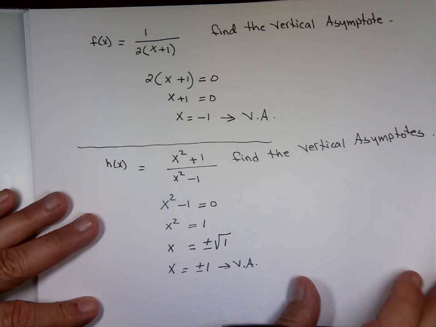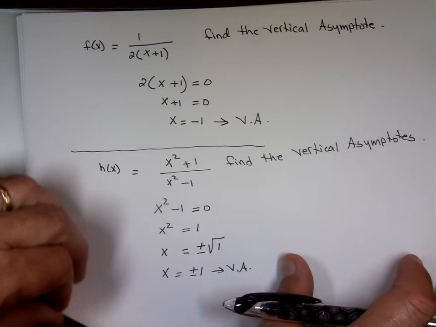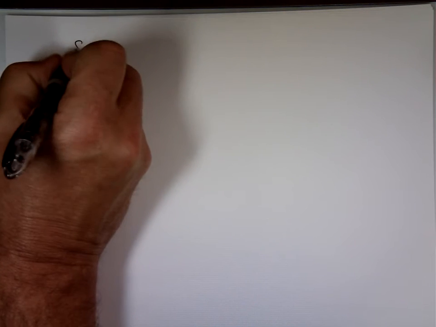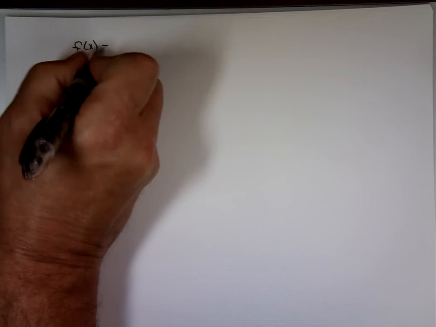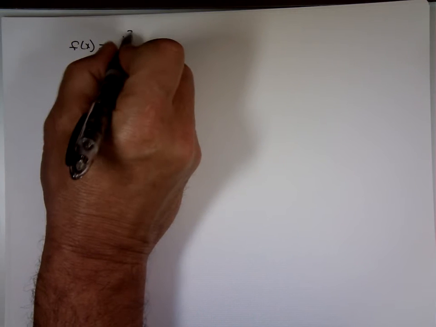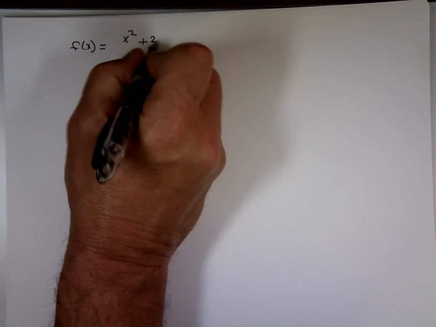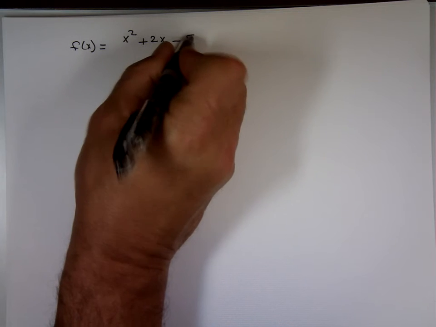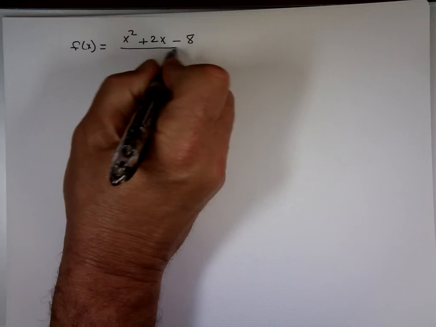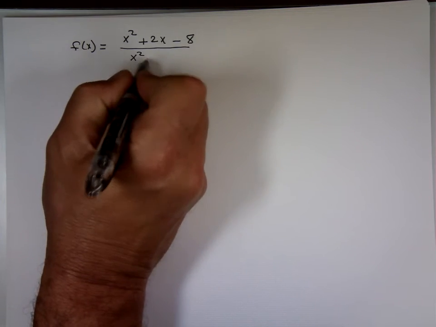Now let's try another one. Almost done. f of x equals x squared plus 2x minus 8 over x squared minus 4.